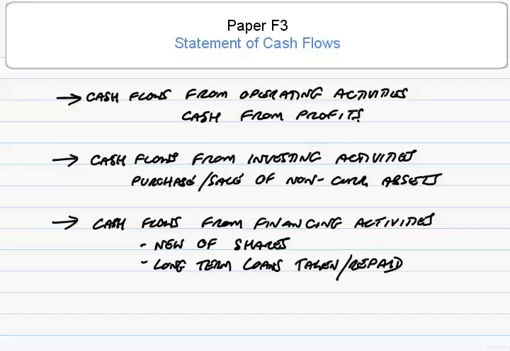Now those are the main items. Under each heading there are one or two other little things we might need to show, which we'll sort out later. But you must learn the three headings. Only those three. And be clear, partly from what I've said, but partly shortly from an example, of what it is we're showing under each.